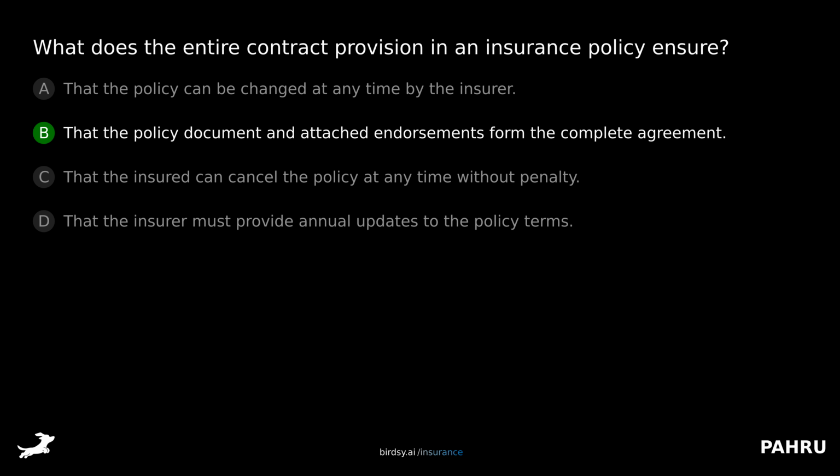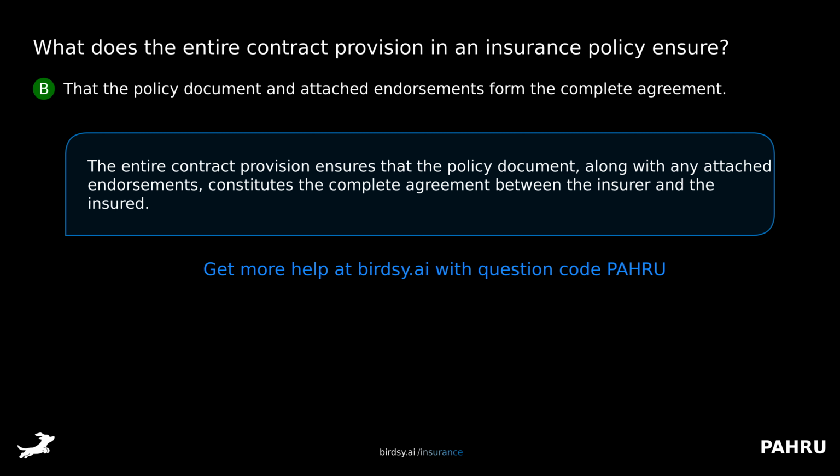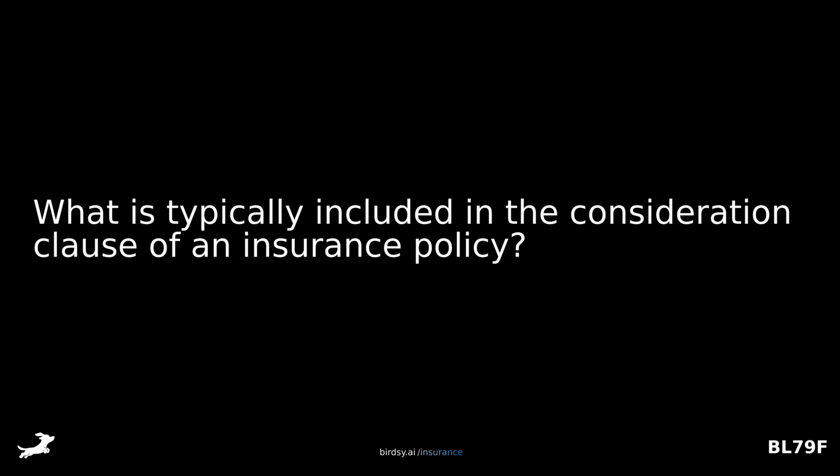The answer is B, that the policy document and attached endorsements form the complete agreement. The entire contract provision ensures that the policy document, along with any attached endorsements, constitutes the complete agreement between the insurer and the insured.